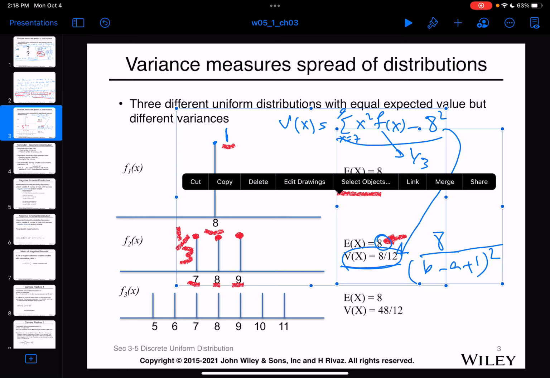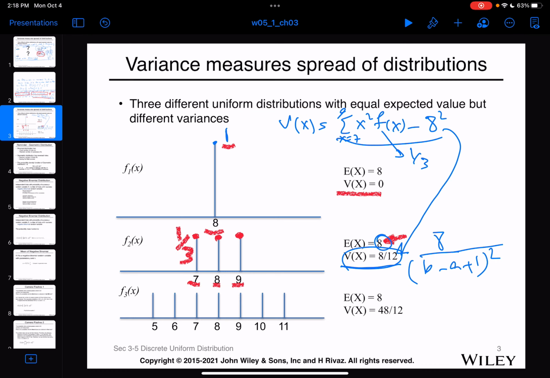What is interesting is that in the first experiment, variance is 0. In the second one, variance is a bit bigger. And in the third one, the variance is the largest among these 3 experiments. The second case was 8 divided by 12. Here we have 48 divided by 12.